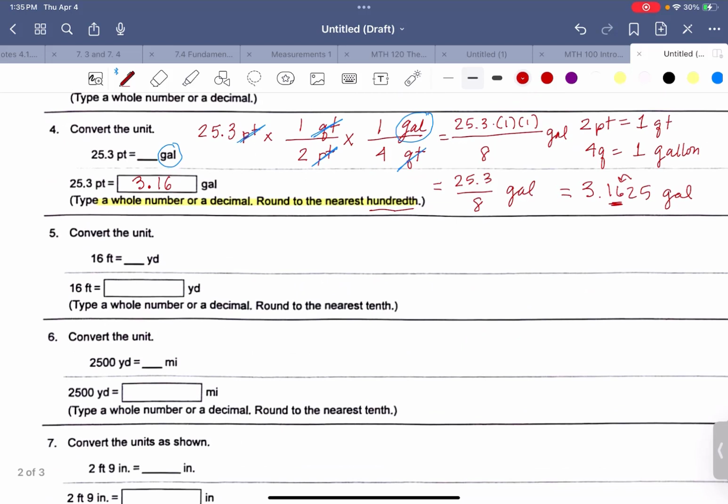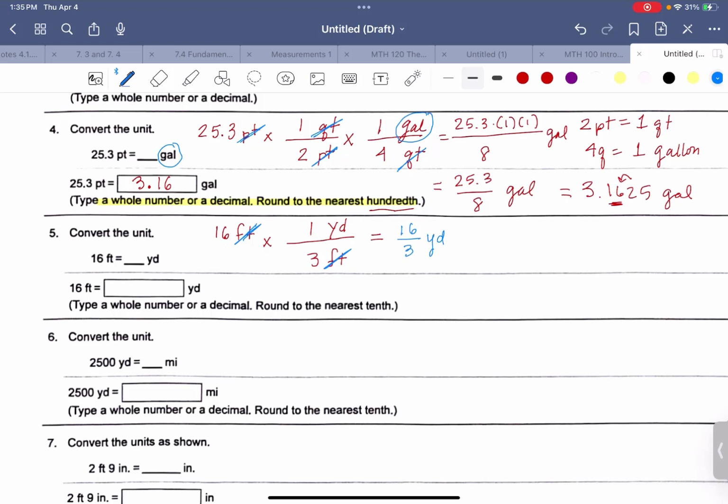Number 5, change feet to yards. We've got 16 feet. I want to get rid of the feet and end up with yards. So I've got yards on top, feet on the bottom. There are 3 feet in 1 yard. So this time I've removed my feet units, and I end up with 16 over 3 yards.